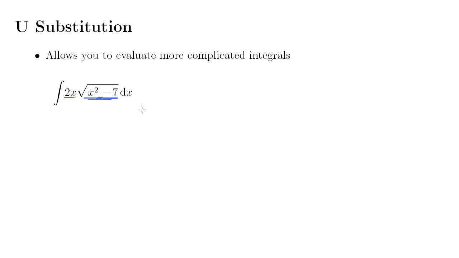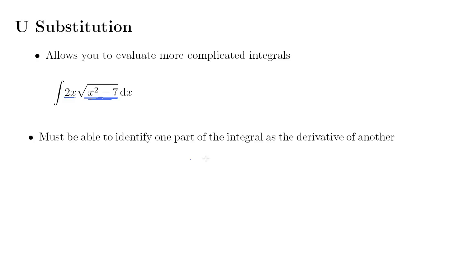So here's how it generally goes. The main point is that you must be able to identify one part of the integral as the derivative of another part. So when I'm looking at this function right here, 2x times the square root of x squared minus 7, I look at this part here, this x squared minus 7, and I say, alright, well, the derivative of x squared minus 7 is equal to 2x.